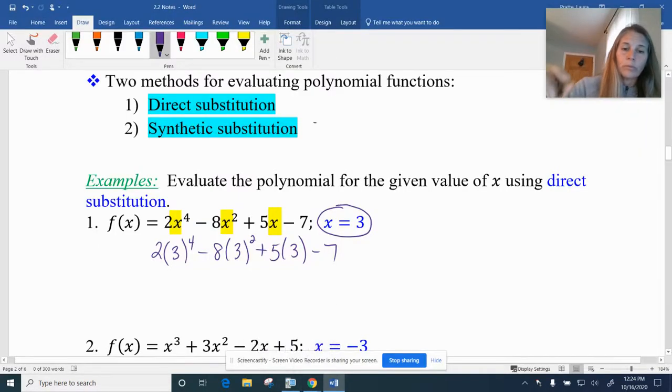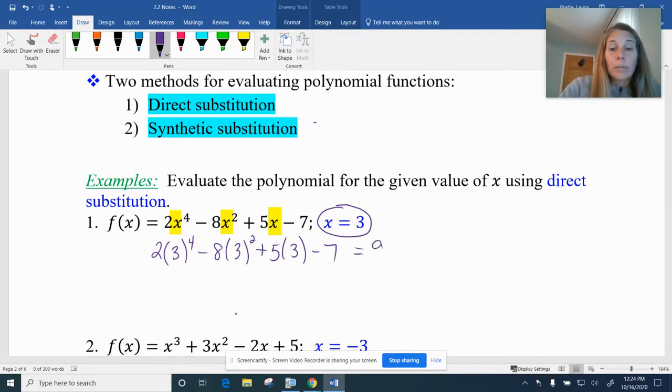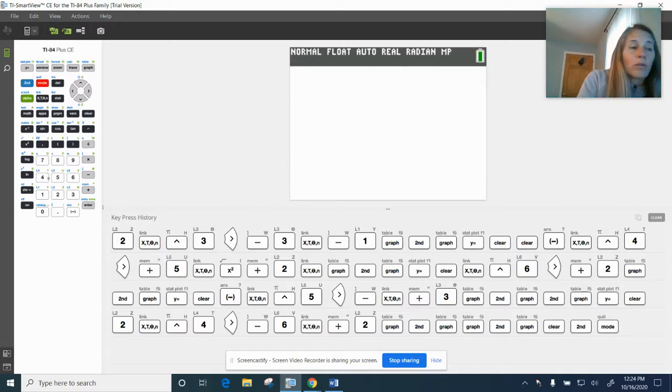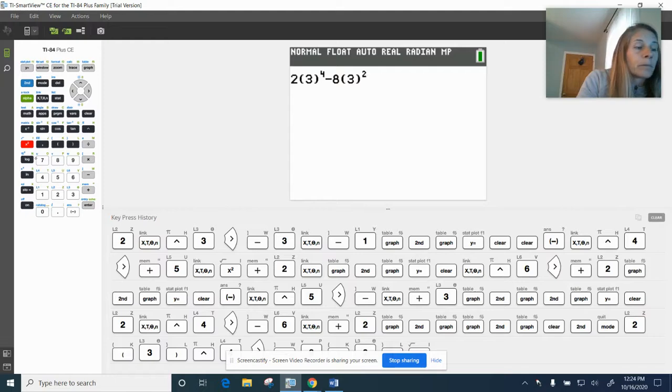So if you do use the calculator for this one, you will get 98. If you do it by hand, you should get 98 as well. Now, just to show you what that would look like on the calculator, just in case you're not getting that and you want to see what you're doing wrong, if I enter this on the calculator, I'm going to do 2 times 3 raised to the 4th power, then minus 8 times 3 to the 2nd power, plus 5 times 3 minus 7.